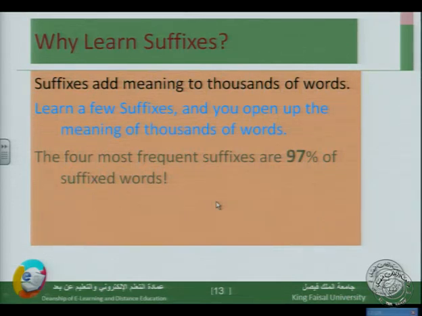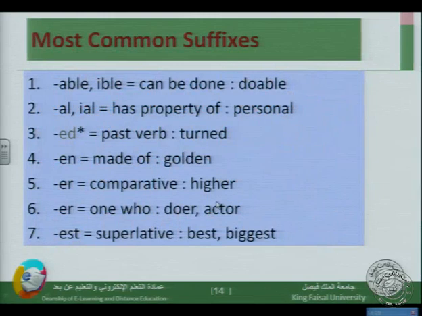Why do we learn suffixes? The same reasons that we have discussed regarding why we study prefixes apply right here. We actually add the meanings of thousands of words to our memory, to our vocabulary storage. Let us start discussing the meaning of some of the most common suffixes in English.